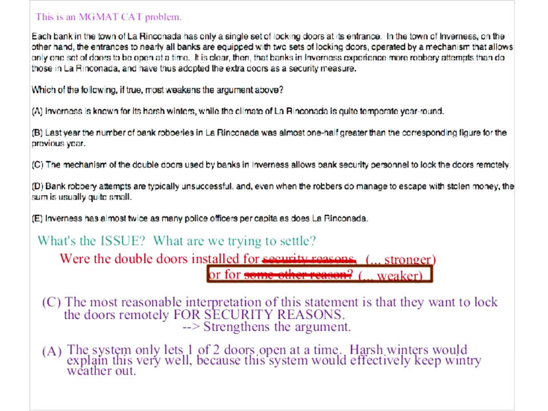Now, to the people saying that it's out of scope, remember that's not an objection. On strengthening and weakening problems, you need something that is out of scope. If you stay in the set of statements of the argument, your answer is not going to be correct, because you can't strengthen or weaken an argument with existing statements.